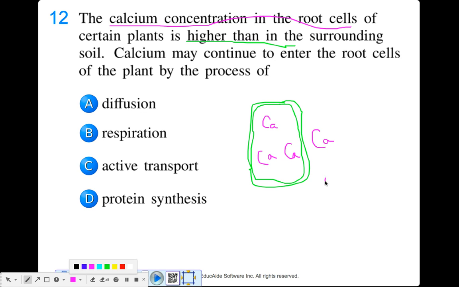All right, we have 1 molecule out, 3 molecules in. So to enter the root cells, you're going from 1 to 3, which is low to high, which is active transport, right? Because remember the hill guy? Going up the hill takes energy.